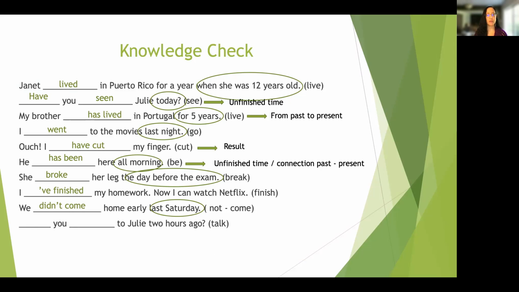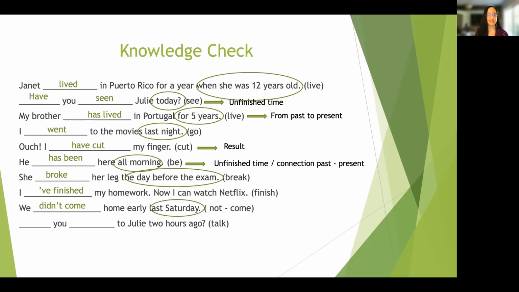What about this one? First, what's the main verb? Talk. To talk. Okay. Is this a question or is this a statement? This is a question. And what do we call this? This is the interrogative form where we're asking questions. Okay. Blank, you blank to Julie 2 hours ago.